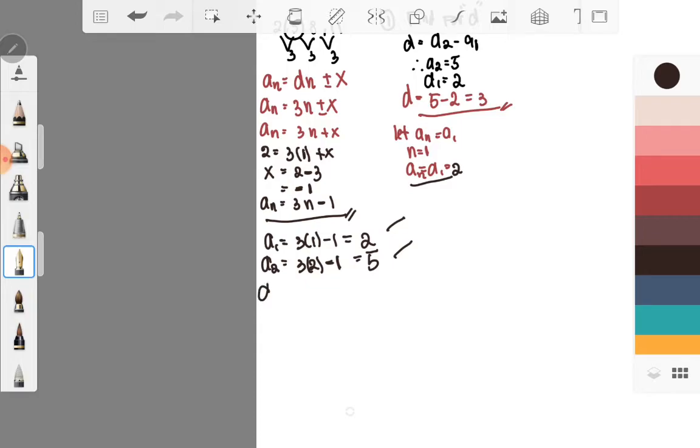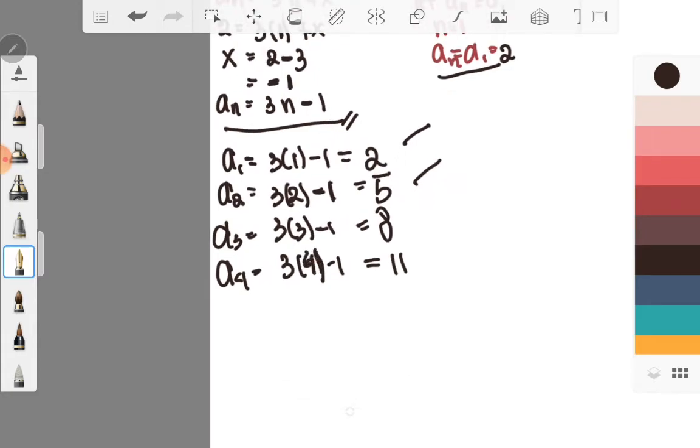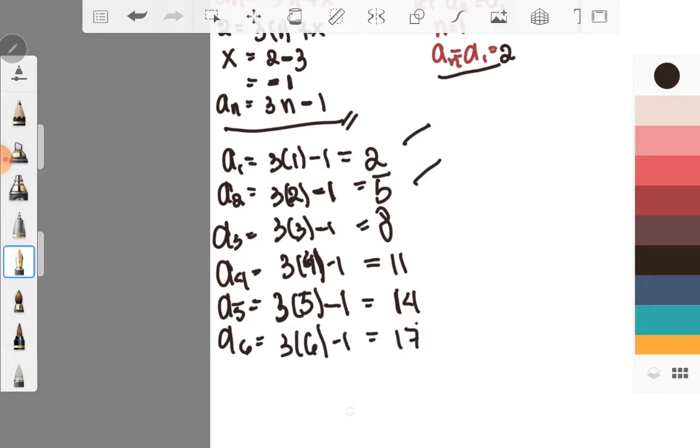Okay, and then next is my A3. 3 multiplied by 3 minus 1, so my A3 is 8 pala, so I have 8, tama? And then my A4 is 3 multiplied by 4 minus 1, which is equal to 11, right? How about my A5? Find out your A5. 3 multiplied by 5 minus 1, I have, ano, 14. A6, so 3 multiplied by 6 minus 1 is equal to 17. Okay?